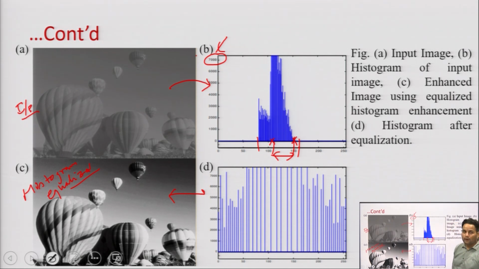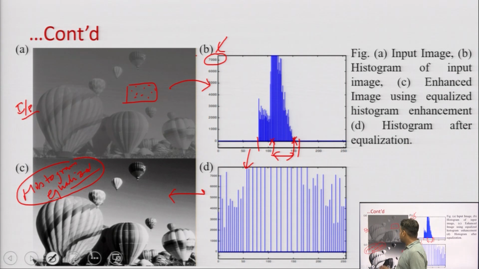And if you equalize each and every pixel, then your histogram looks like this. How can we equalize this histogram? Here you may observe by neighborhood pixels. What is the value of the neighborhood pixels? That you have to observe, and after histogram equalization your image gets enhanced.